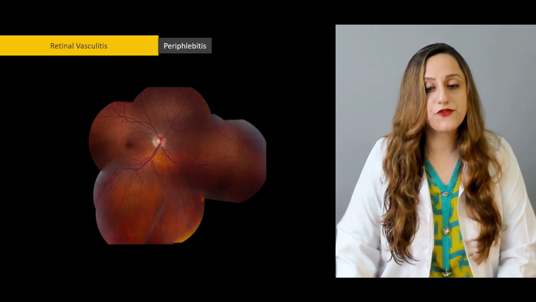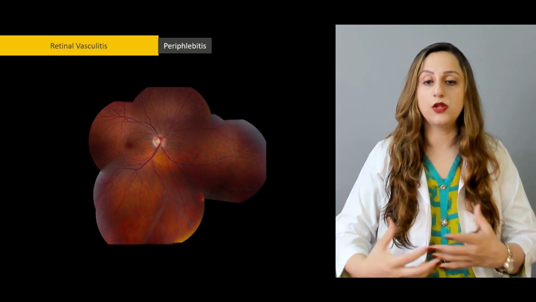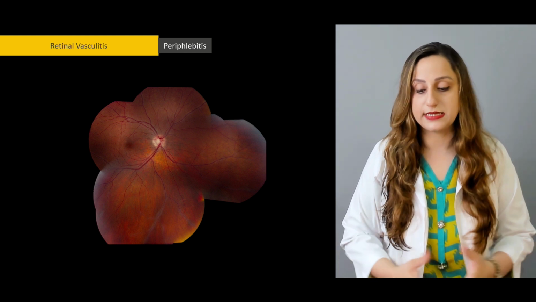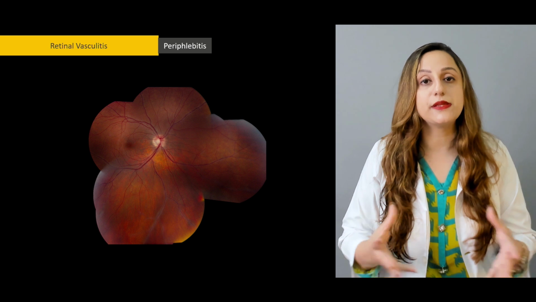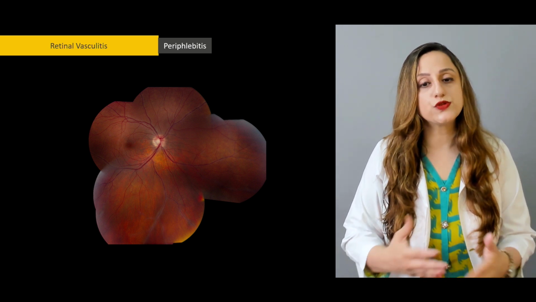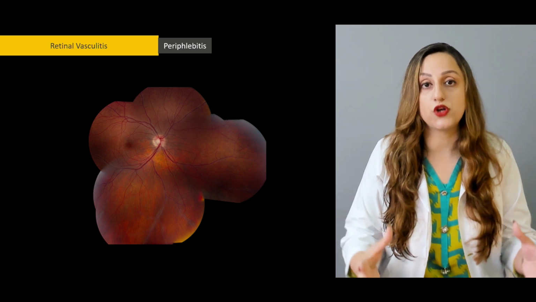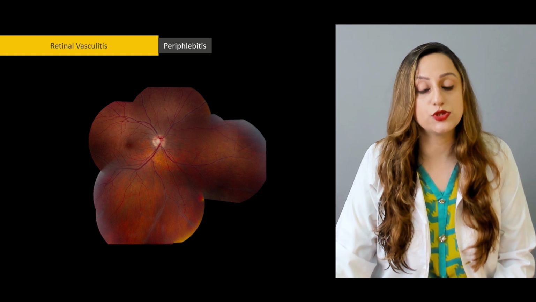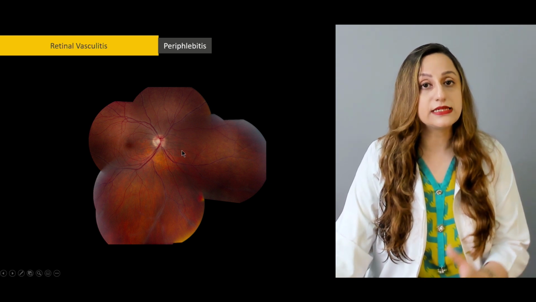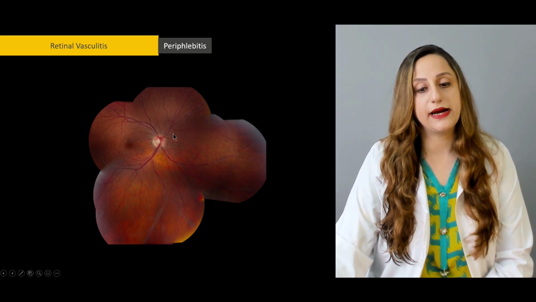We have a different range of varieties over here. In a lot of patients, the veins are involved, and that is basically known as periphlebitis. Usually you are going to focus on the fact that neovascularization is a phenomenon that is quite common in patients suffering from retinal vasculitis, specifically periphlebitis.